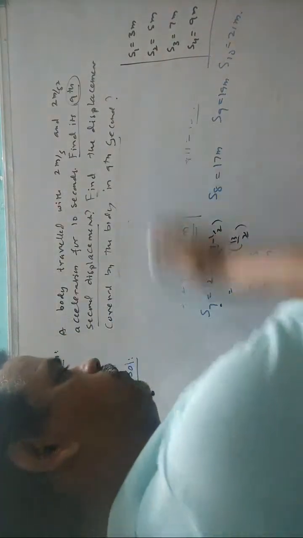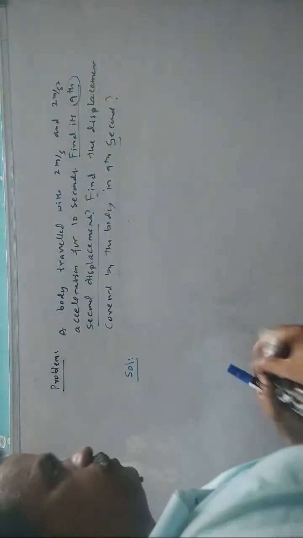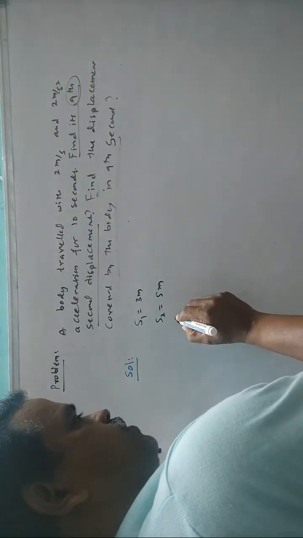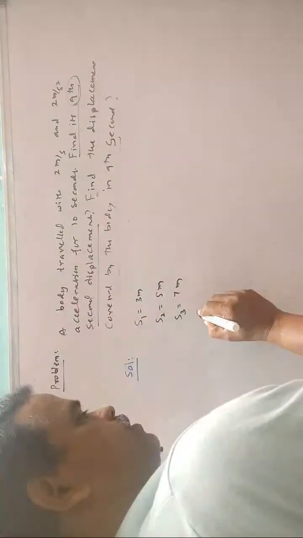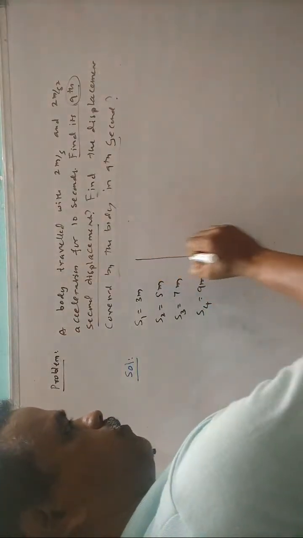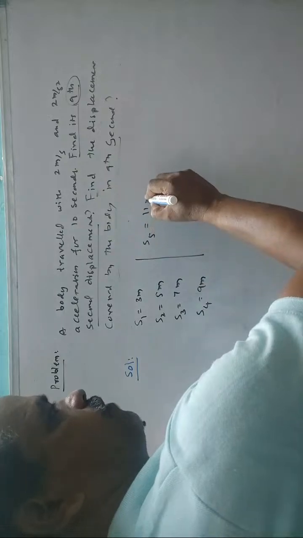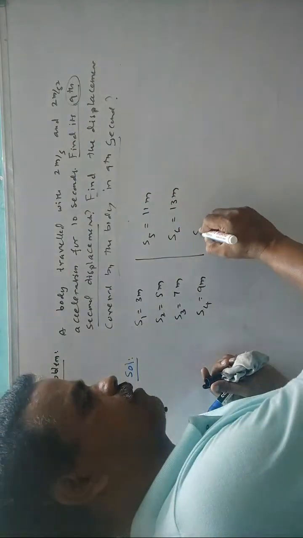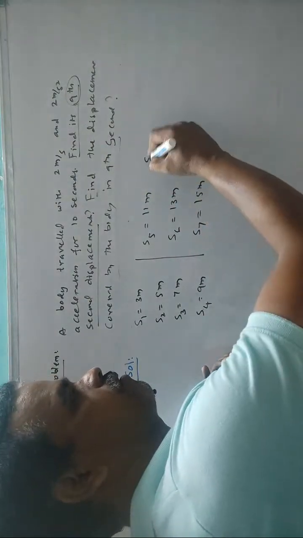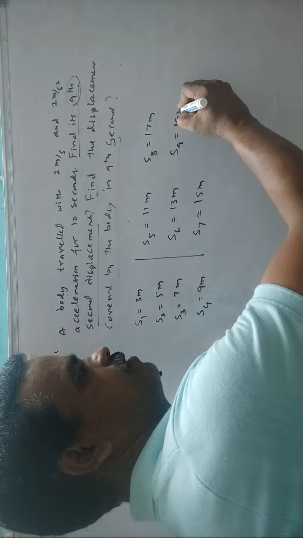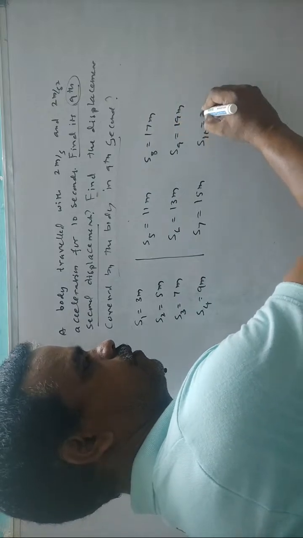So I am giving here, simply I am giving S1 3 meter, S2 5 meter, S3 7 meter, S4 9 meter, S5 11 meter, S6 13 meter, S7 15 meter, S8 17 meter, S9 19 meter, S10 21 meter.